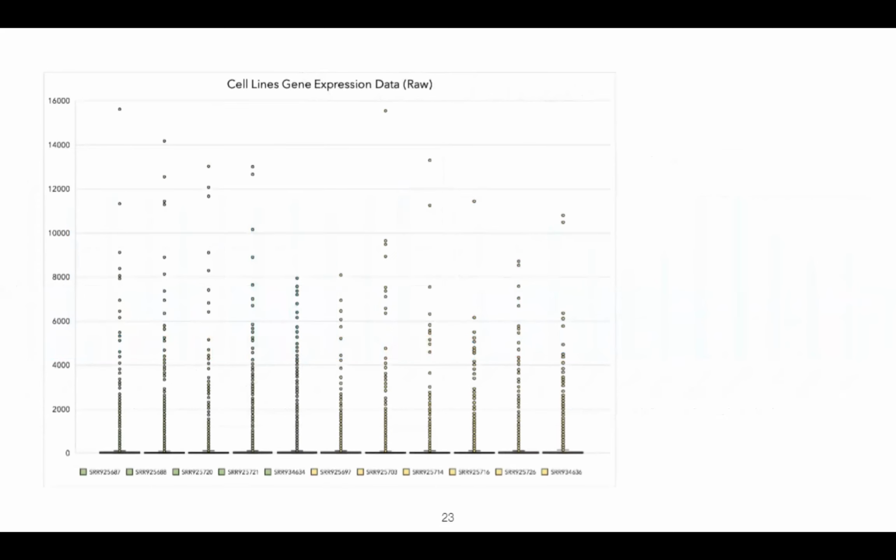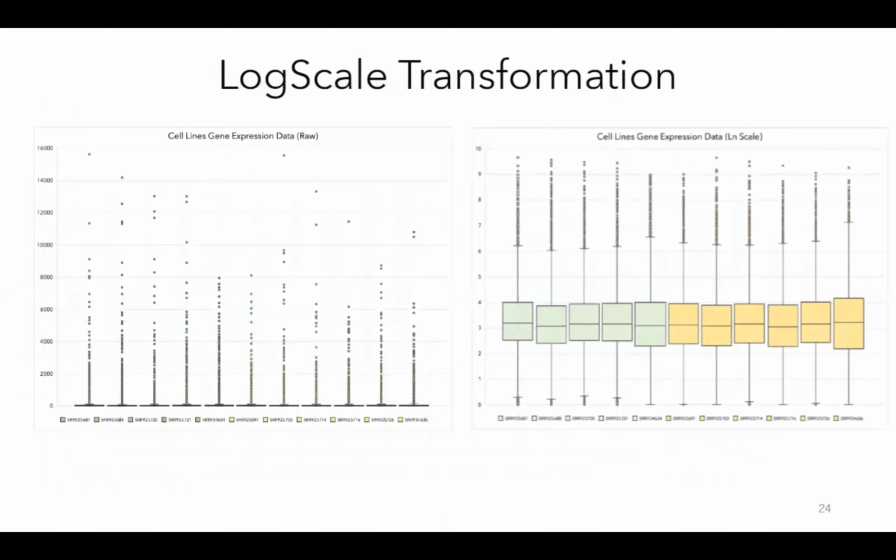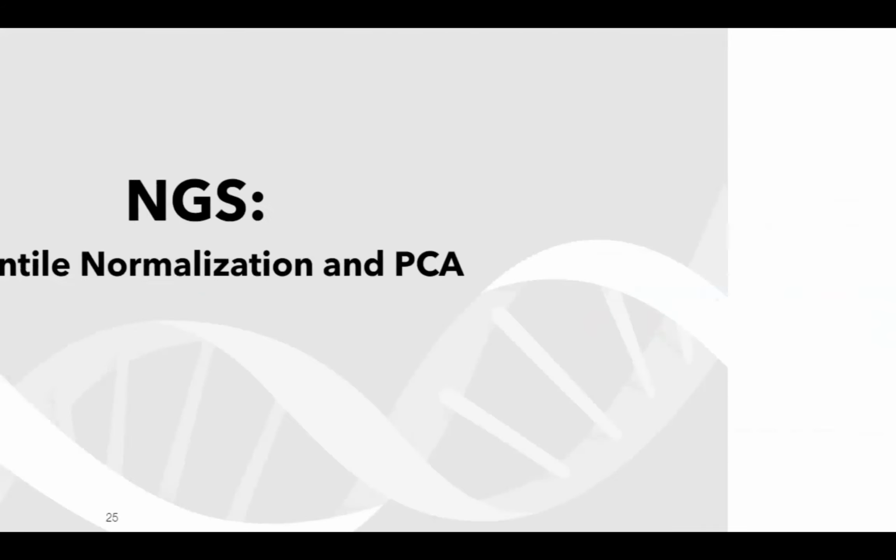So that is about why we do the log scale, what the box plot is, how we do that, and what information we get from the box plot. This is again a similar thing: this is for the raw data and this is for the log scale value, and you can see the difference, where the medians are, where the skewness is and everything. You could figure that out with this graph.